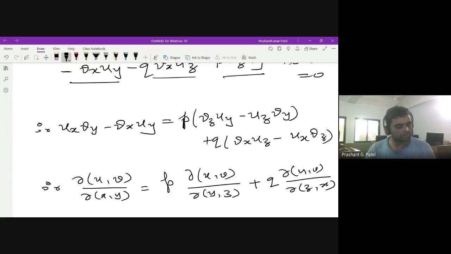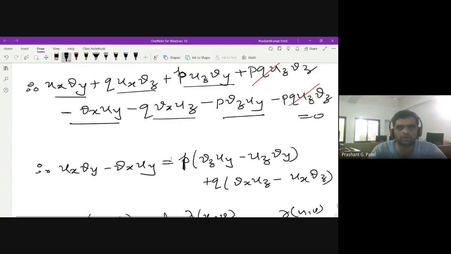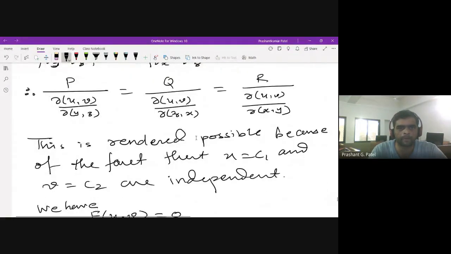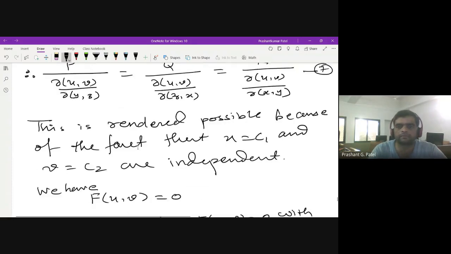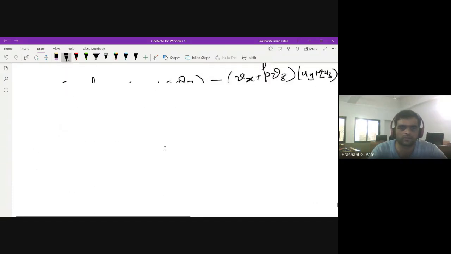Now we'll substitute the value of what we had earlier. If I call this equation number 7, and the last equation we got, it's 8.